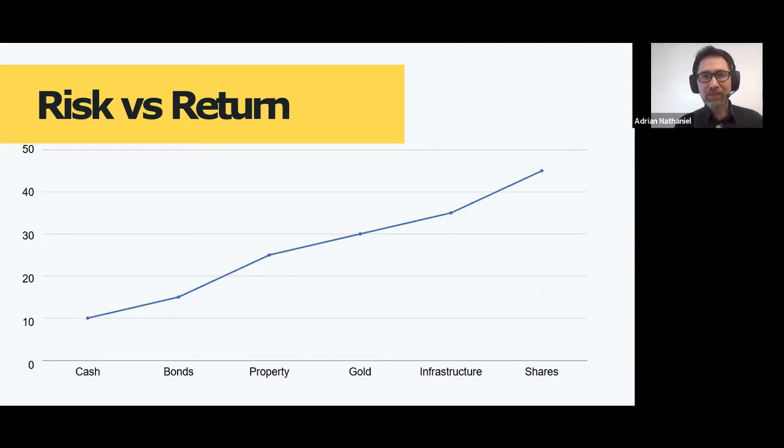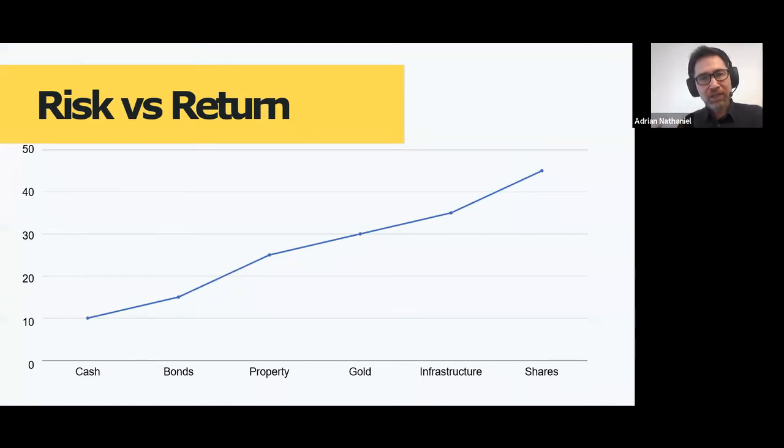Anything in that area is actually returning less than inflation at the moment. And there's also obviously a low risk as well. The Australian government has guaranteed the $250,000 in a bank account. So it is low risk.